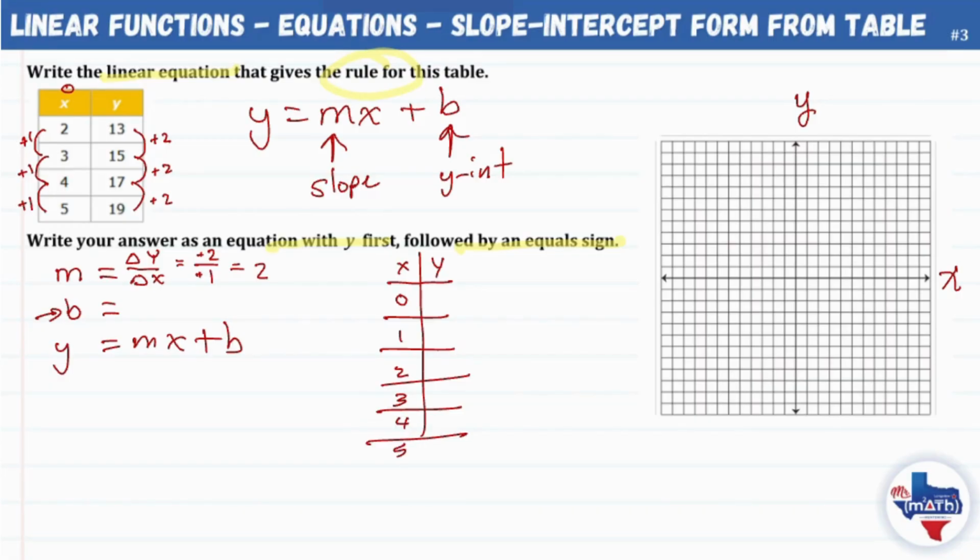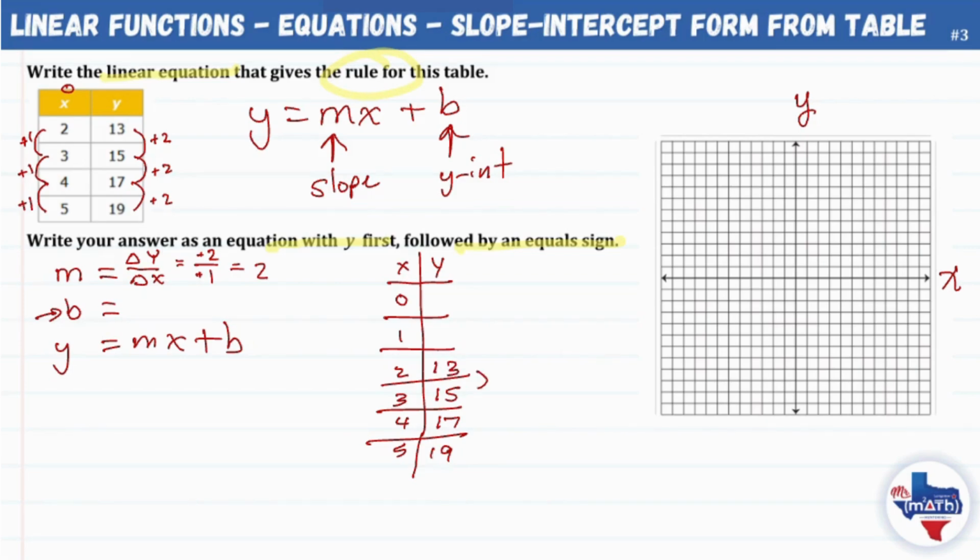Okay, well, when x is 0, let's see if we can figure this out. Okay, we know that when x is 5, y is 19. When it's 4, y is 17. When x is 3, y is 15, and the pattern continues.